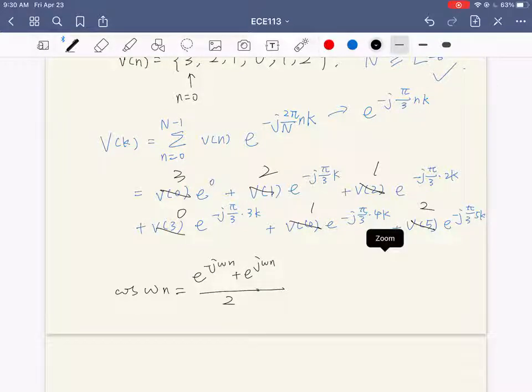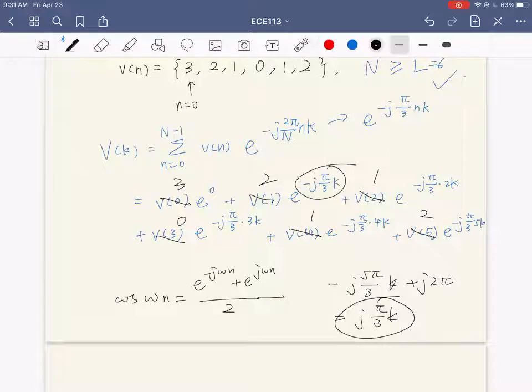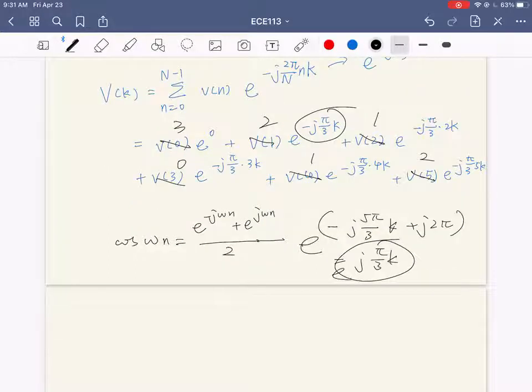So this is basically, plus 2 pi, you get this, right? And you see that it is the opposite of the minus j to something, and then you can convert it. Does it answer your question?